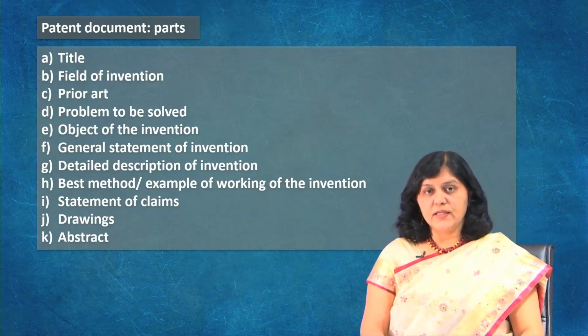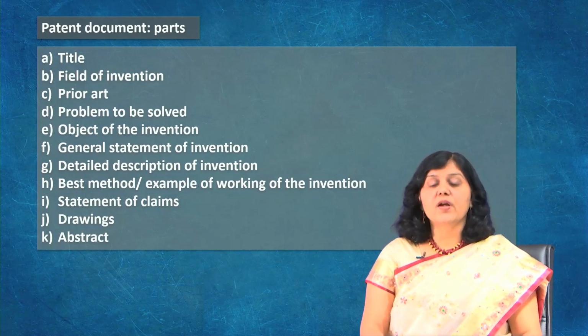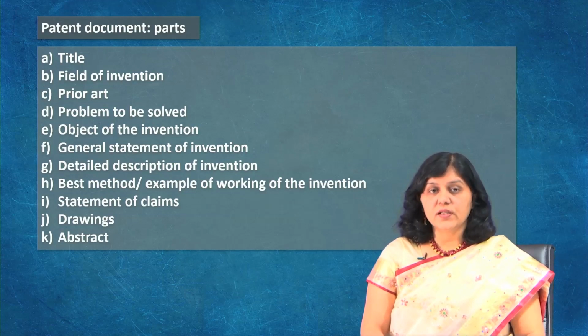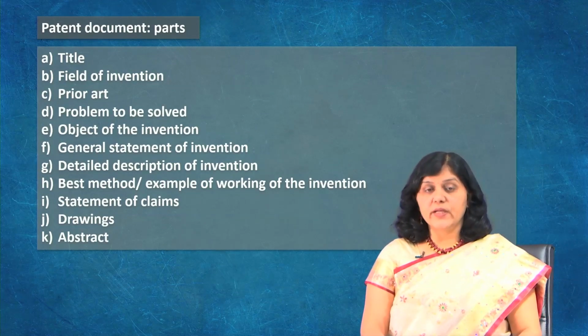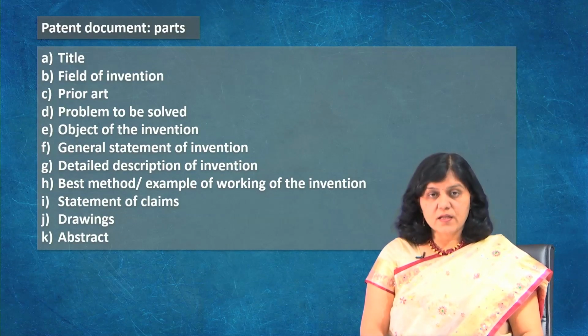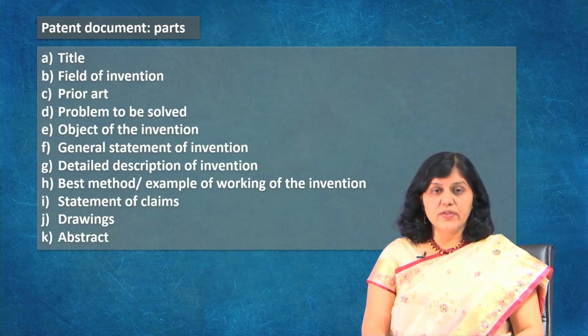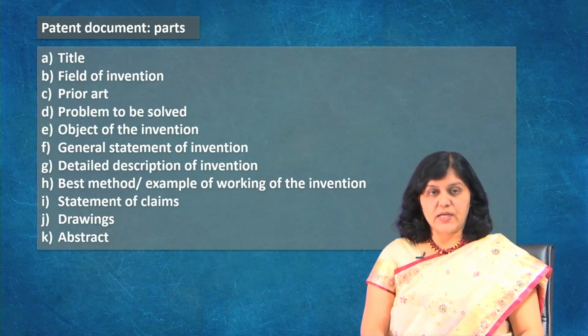So, to summarize, the patent document contains the parts as bibliographic information, title, field of invention, prior art, problem to be solved, object of the invention, general statement of the invention, detailed description of the invention with reference to drawing if any, best method or example of working of the invention, statement of claims, drawings and abstract.